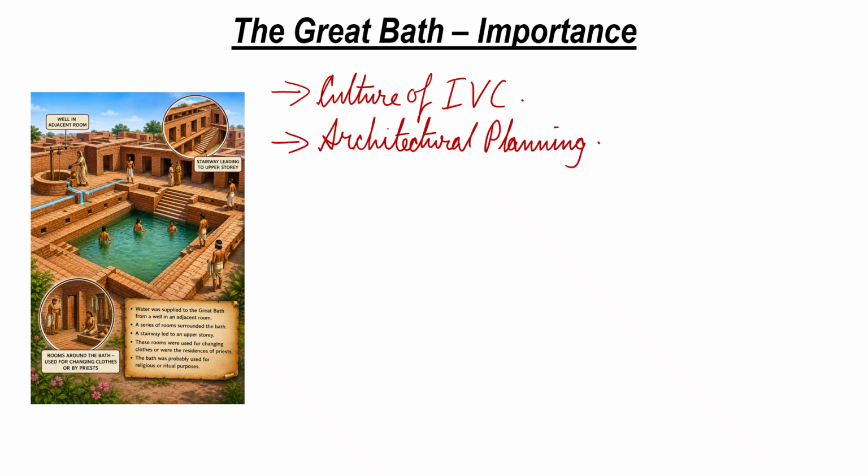So for the first time we are getting evidence of proper architectural planning, means there was design, there were plans, and accordingly the structure had been made.